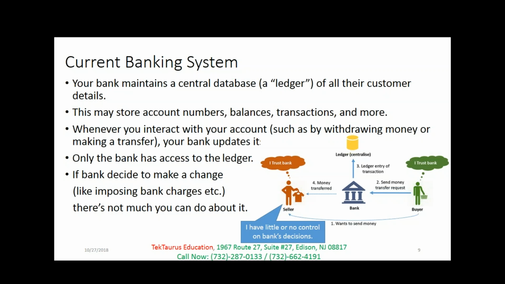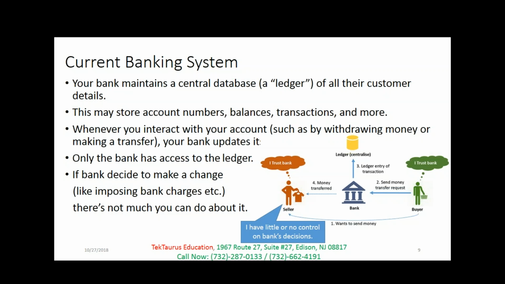Only the bank has access to the ledger. The customer and the bank, only these two parties, can access the ledger. The customer can access only his own account, not any other account in the bank. The bank can access all the accounts.